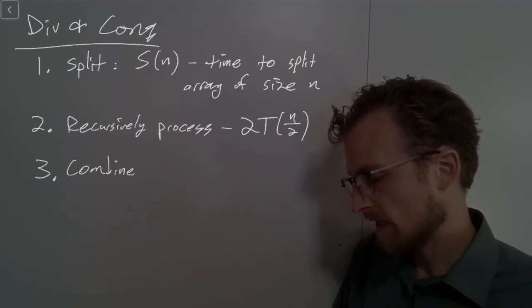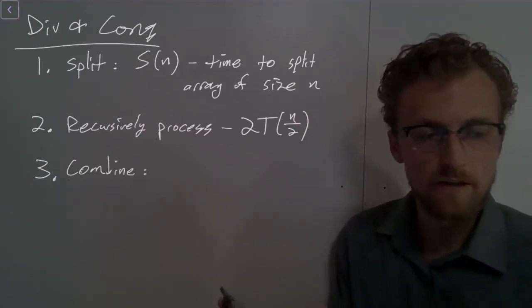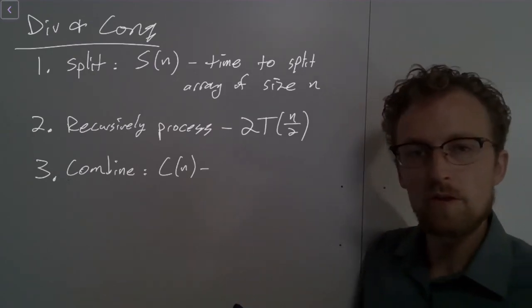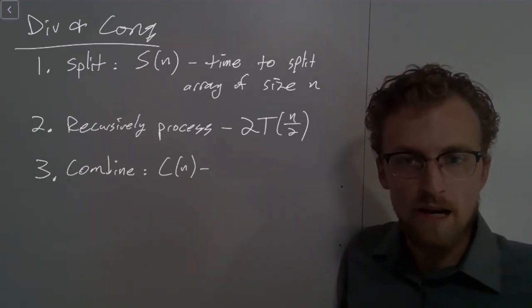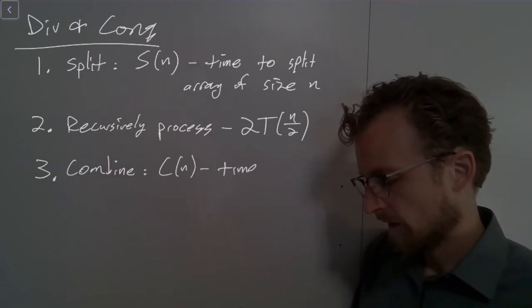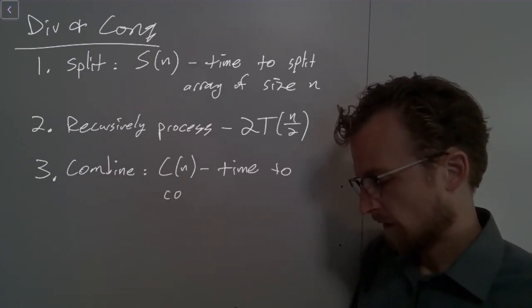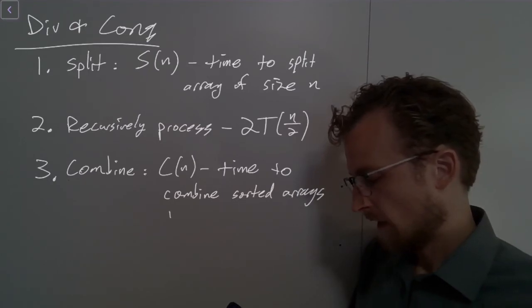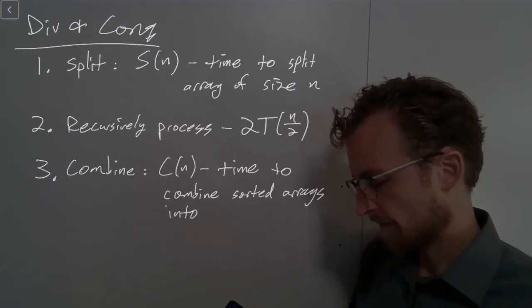So our combine, I'll call this c of n. And this is the time to combine sorted arrays into sorted arrays. Okay, so this is time to combine sorted arrays into a sorted array of size n.